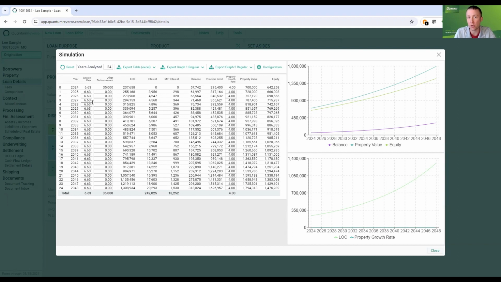Now, the actual interest rate and the line of credit growth is much higher than this based upon what the 1-year treasury is, but we use the 10-year treasury to determine the expected rate. And all the expected rate tells us is how much equity you can access. The lower the expected rate, the more equity you can access, the higher, vice versa. So this client could take the option and just say, hey, we want to do the line of credit. We'll access the money as we need it and move on from there.